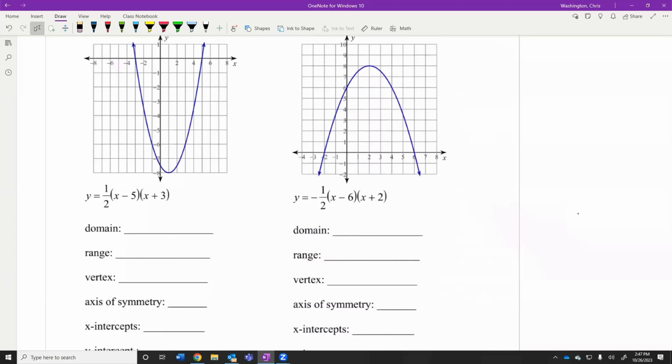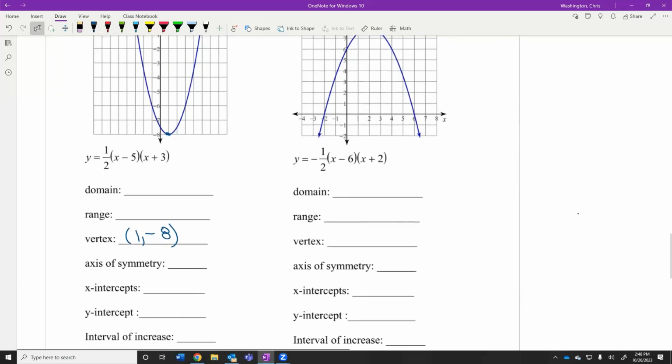The vertex. The vertex is the point at the tip of the graph, and that point has an x and a y value. So the x value is 1, and the y value is -8. That's just the point 1, -8. The axis of symmetry actually runs straight through that point, so the x values are equal. So x equals 1.